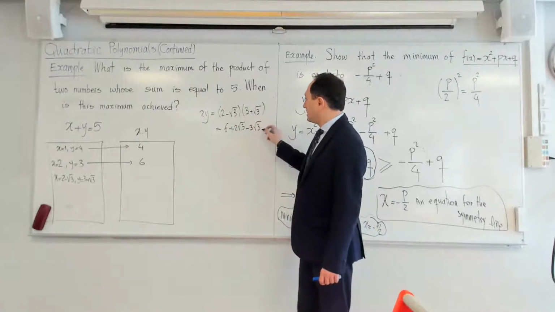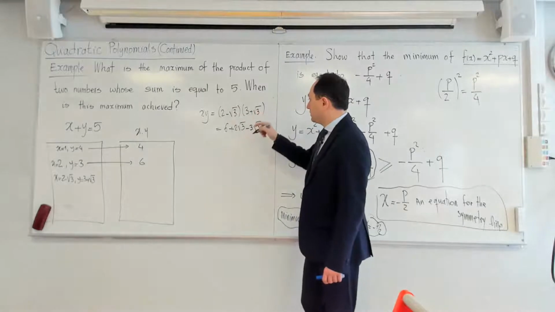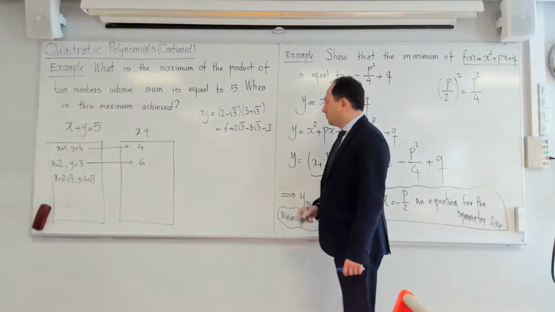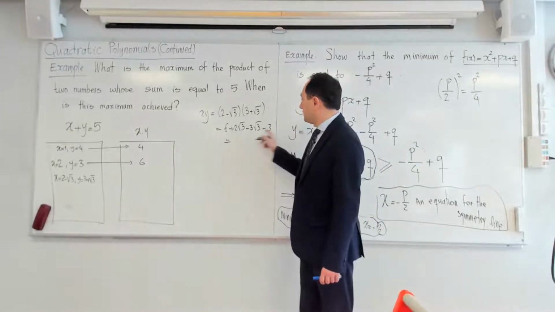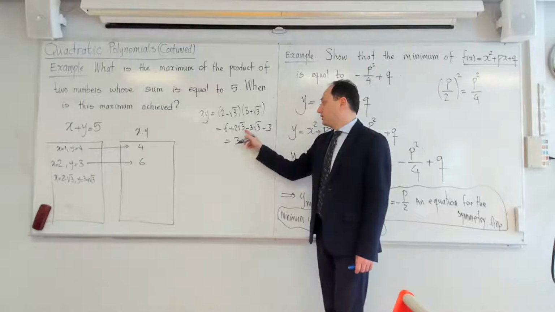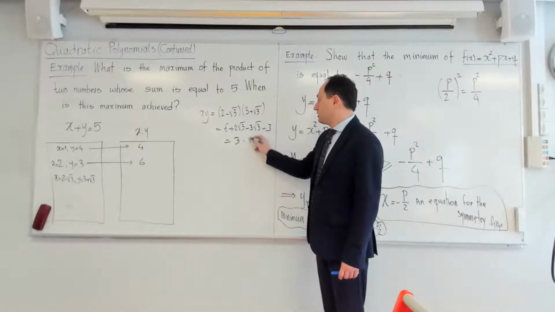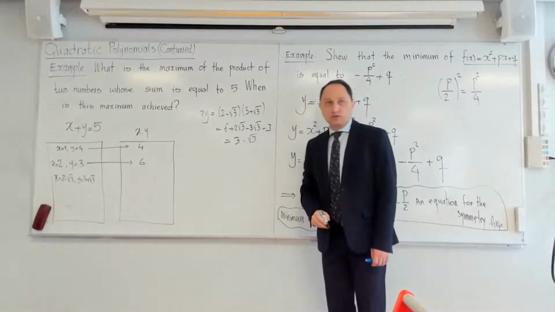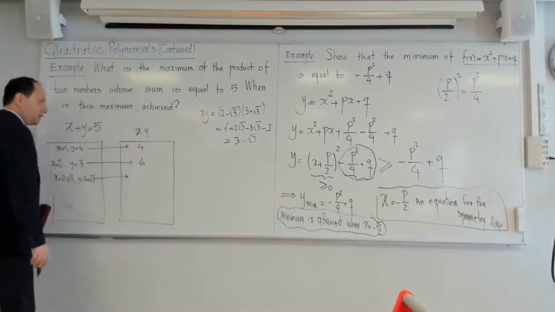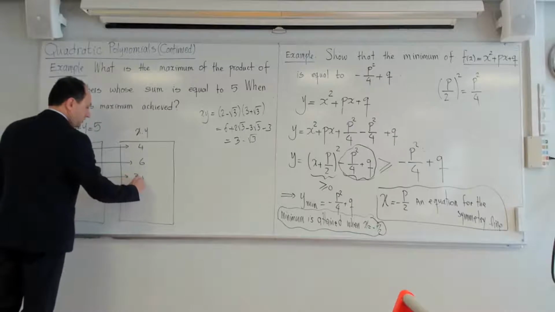And this times that is minus the square root of 3 multiplied together, which is square root of 9, which is 3. But this can be simplified. 6 and negative 3 becomes positive 3. 2 square root of 3 minus 3 square root of 3 is simply minus square root of 3. So it was more complicated, but we were able to calculate that. So the product is this one.